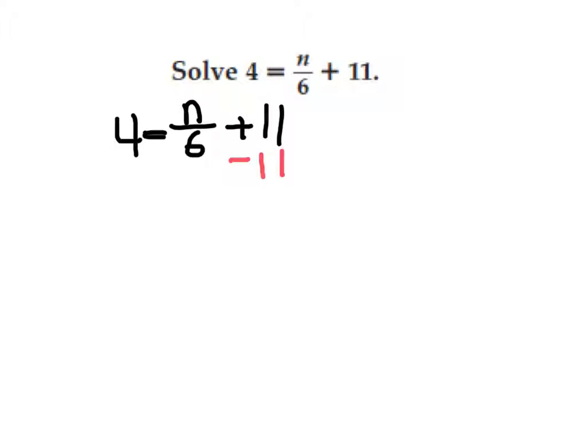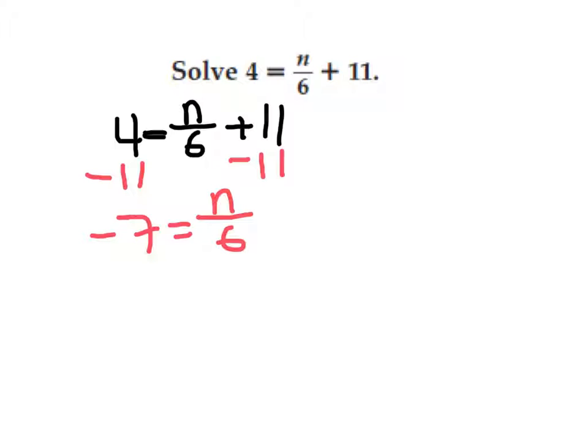And whatever I do on one side, I do on the other. And what happens here is that the 4 minus 11 gives me a negative 7. The n divided by 6 stays, and notice that the 11 and minus 11 cancel out or give me 0, so this is what I'm left with.